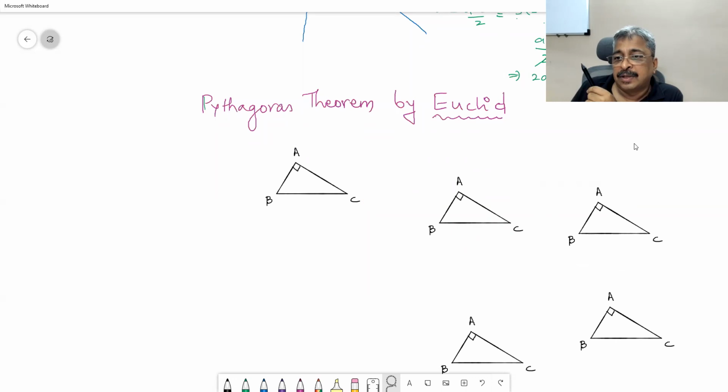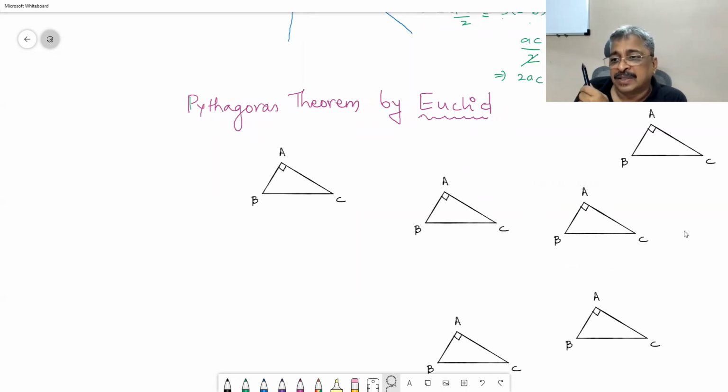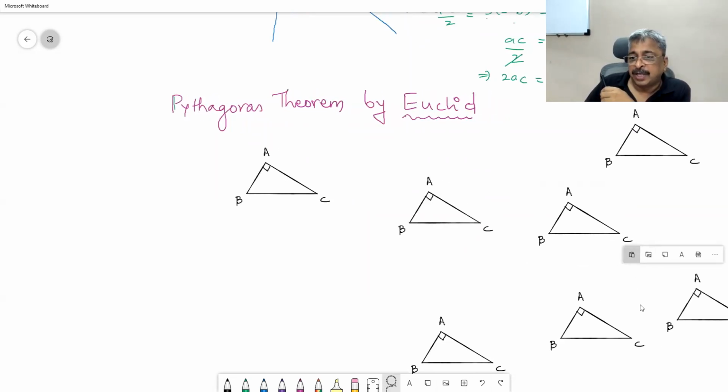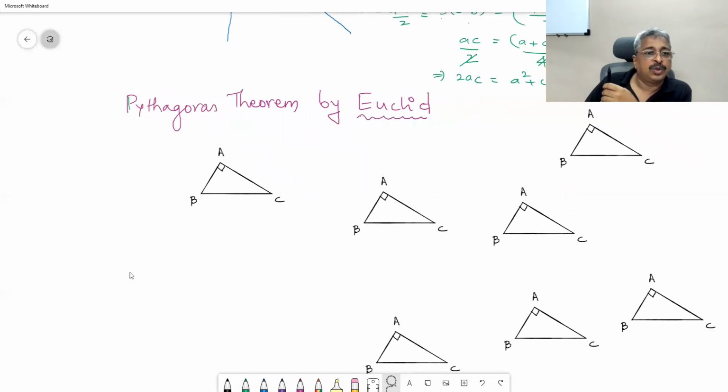This Microsoft whiteboard is hopeless. Okay, maybe I will require this many right angle triangles. Everything is getting recorded.